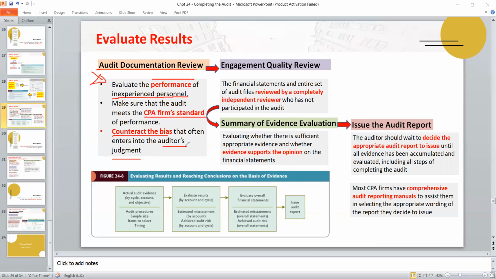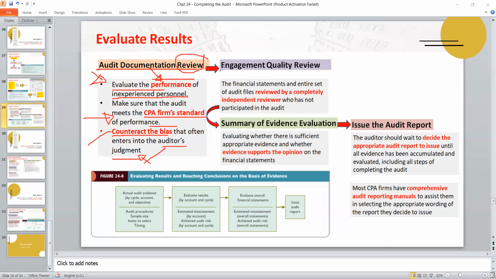So review the audit team's work: has the audit team already conducted the CPFM standard? How about the performance of the inexperienced personnel, the junior auditors? And how about the auditor's judgment? You need to counteract the bias, the subjectivity. This is the audit documentation review.